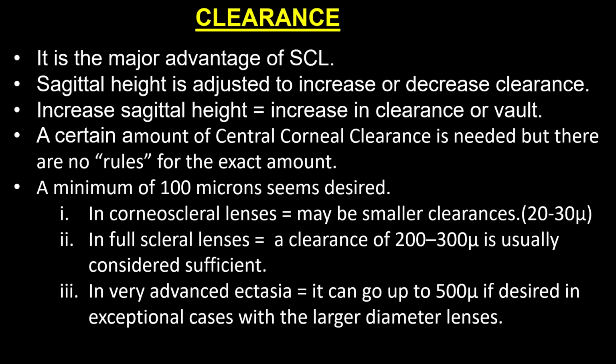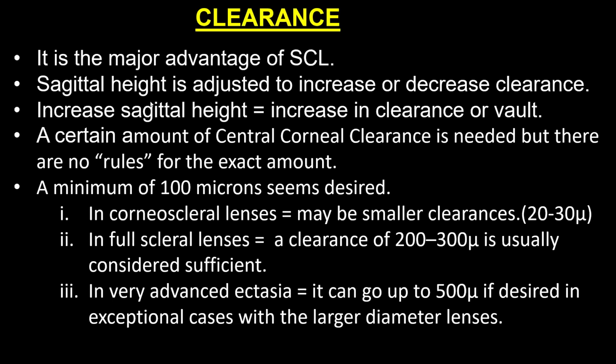Now the scleral contact lens vaults or arches over, so you have a clearance, a space between. Remember, for the conventional, mini, and large ones, it doesn't sit on the limbus. It sits outside the limbus on the sclera, about 3 to 5 millimeter away from the limbus.